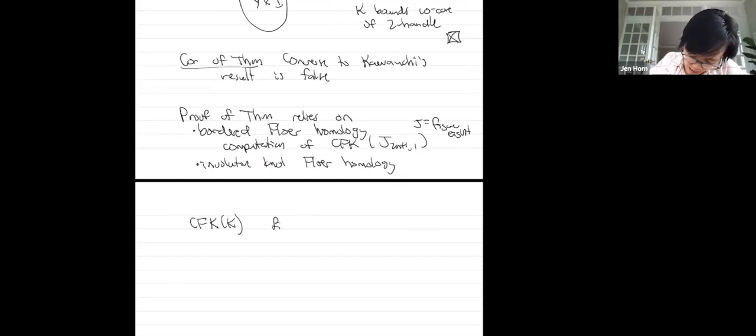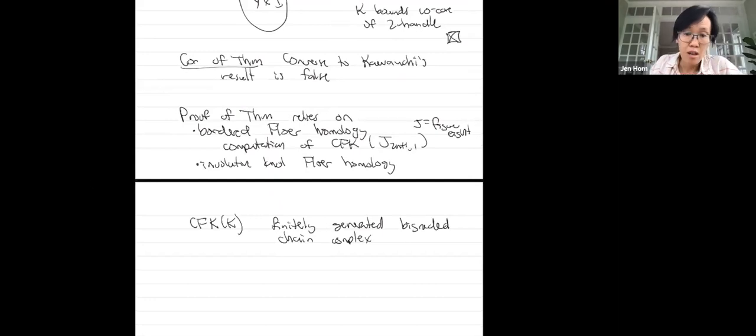This is a finitely generated bigraded chain complex over a polynomial ring in 2 variables, F[U,V]. So F is just the field of 2 elements, and U and V are just 2 formal variables.